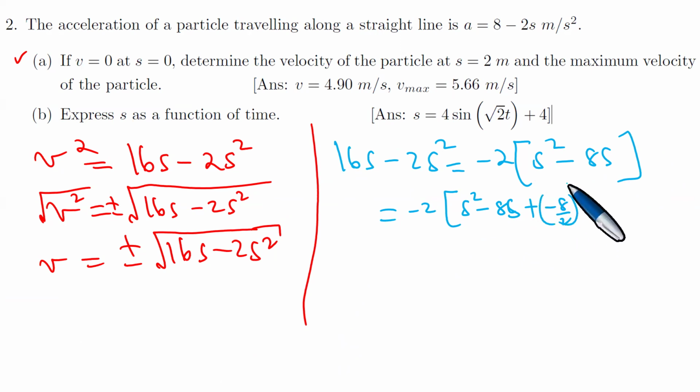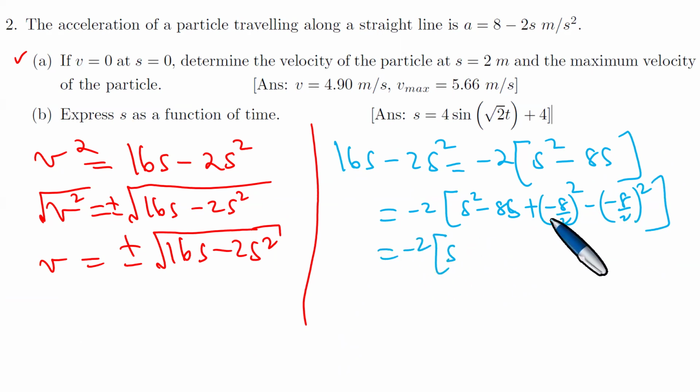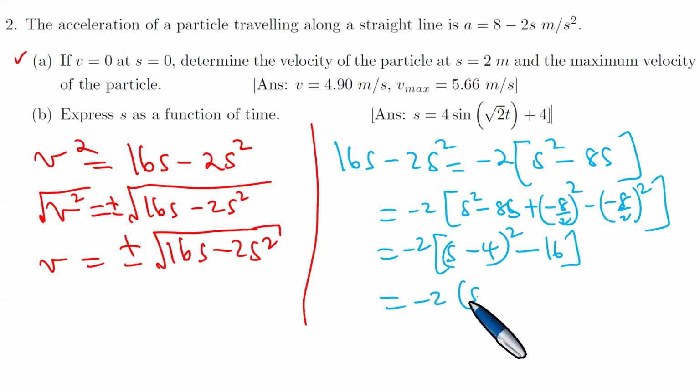You divide by 2 and subtract the same thing, which is s, and then you have minus 4. You square this: minus 8 divided by 2 is minus 4, you square it, it's 16. Plus 32.